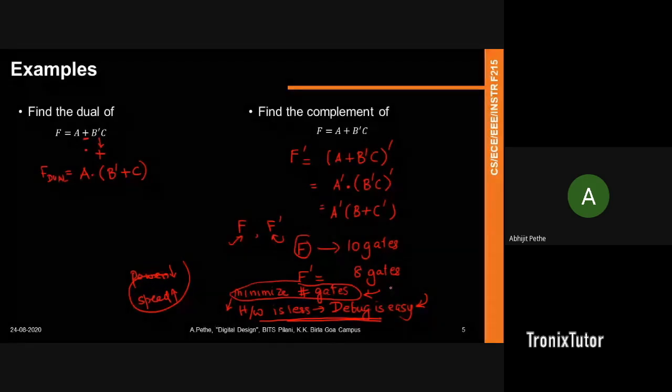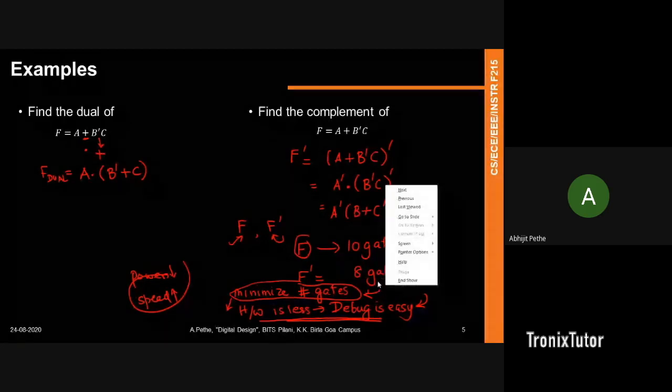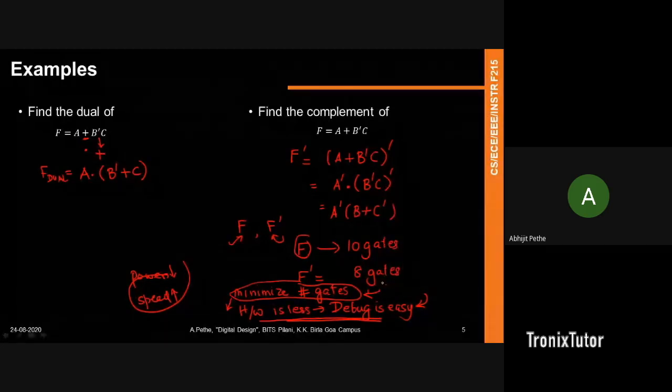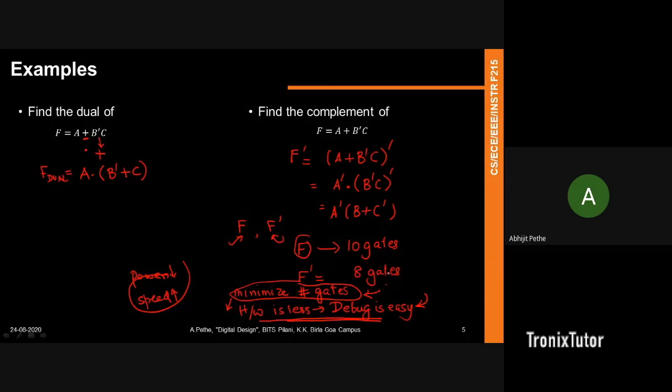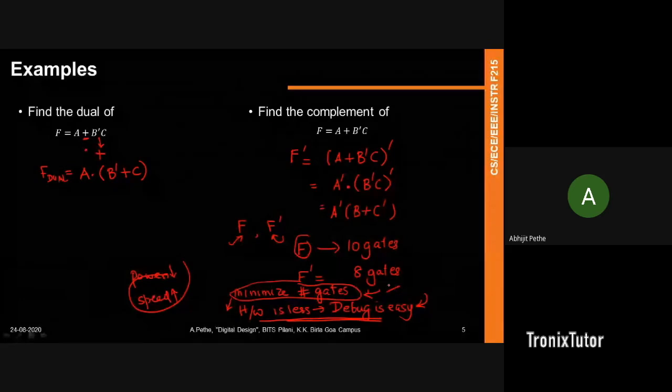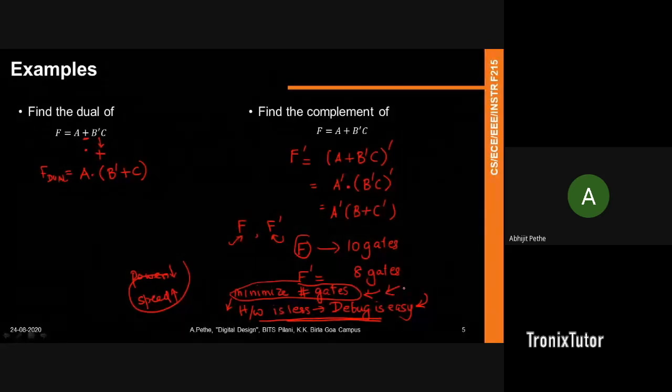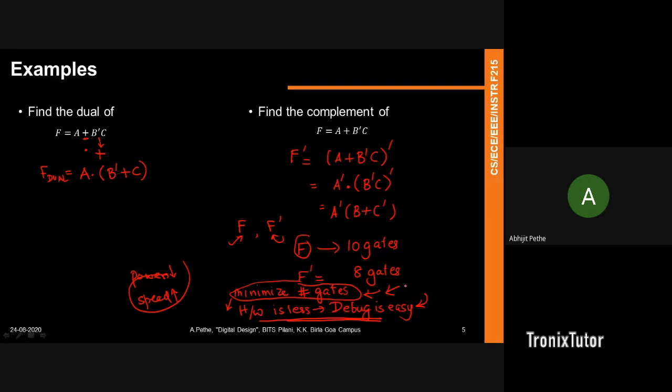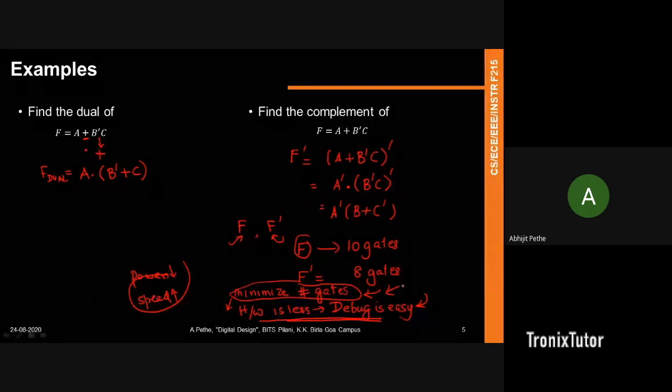What makes a good digital design engineer is somebody who can get the same function done with the least amount of hardware. We'll spend the next few lectures stressing this. We will find different ways of minimizing Boolean expressions and looking at circuits which can effectively implement the same function with fewer gates.